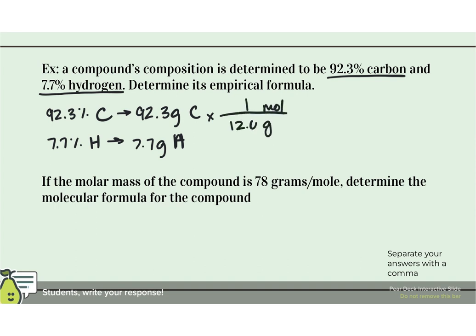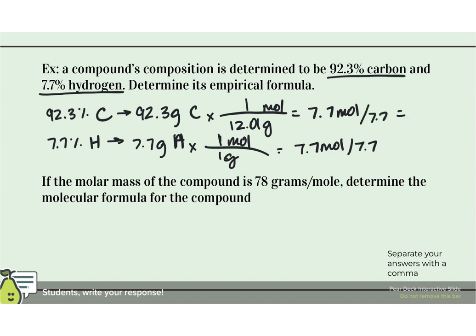I know that there are 12.01 grams of carbon in 1 mole, and for hydrogen, 1 mole is just 1 gram, okay? So I find that I have 7.7 moles here and 7.7 moles here. So my next step would be dividing by the smallest of the two. These are both 7.7. So I'm going to divide both by 7.7, which equals 1. So that means I have 1 of each, C and H.